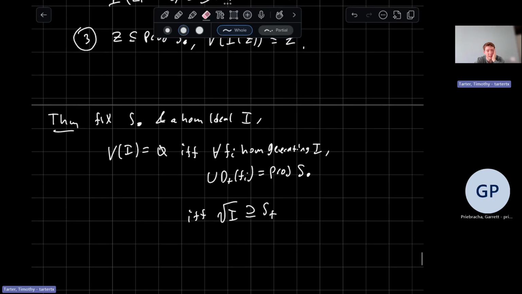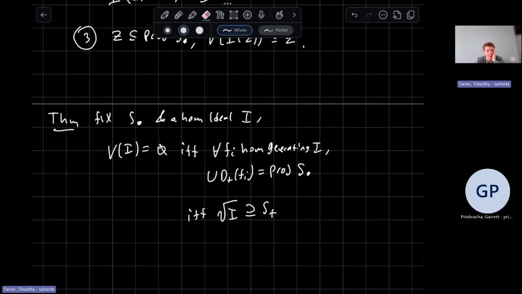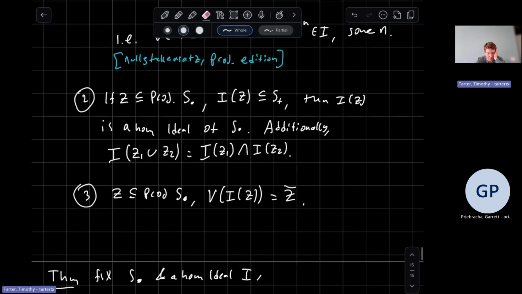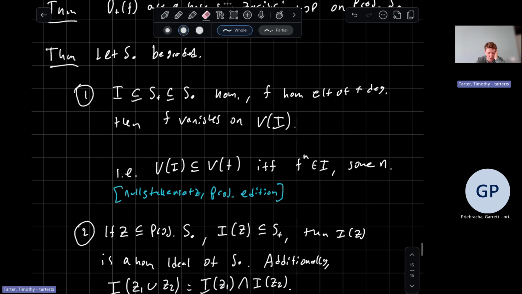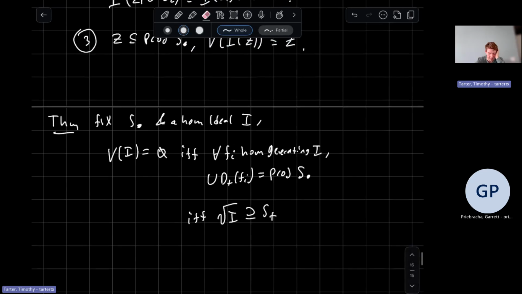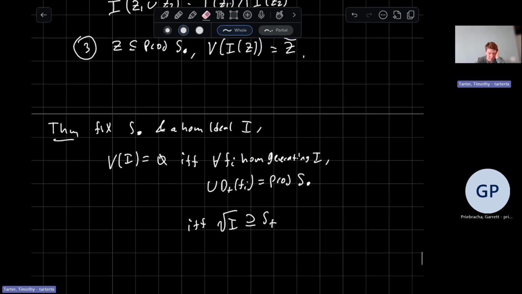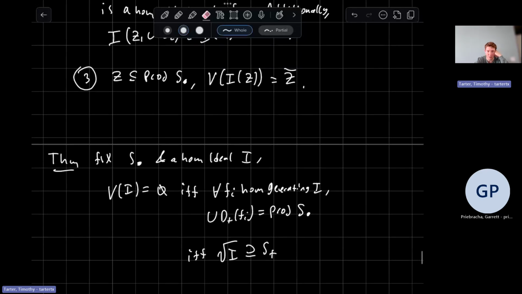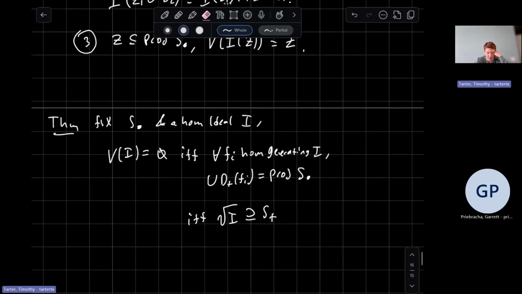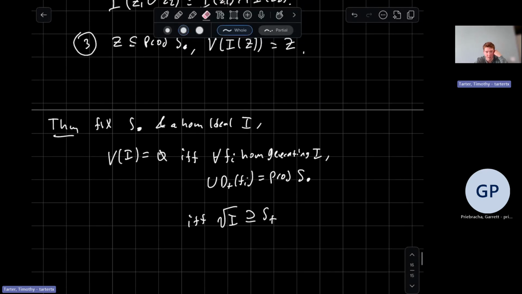And then the radical is, and this relates up here to this theorem part one, it basically says F vanishes on VI is equivalent to VI contained in VF. But if the radical contains the irrelevant ideal, it can't.